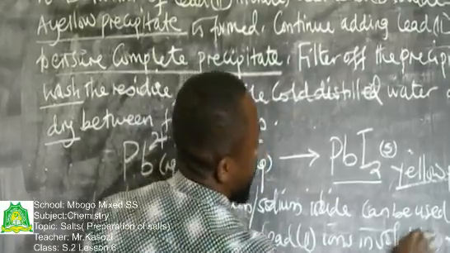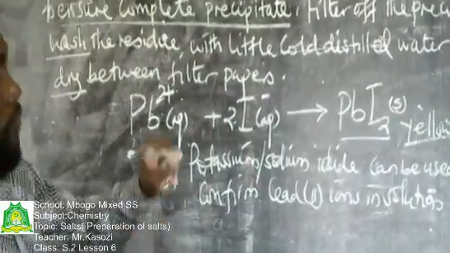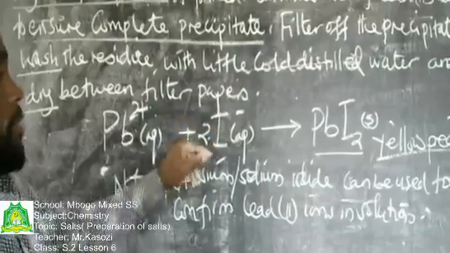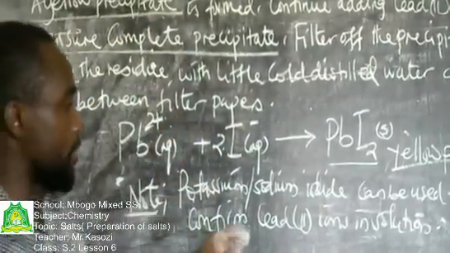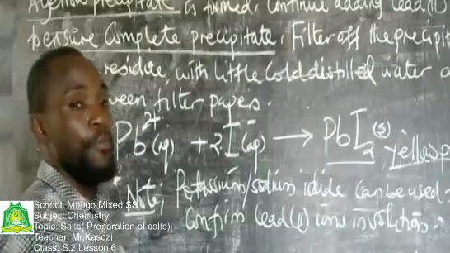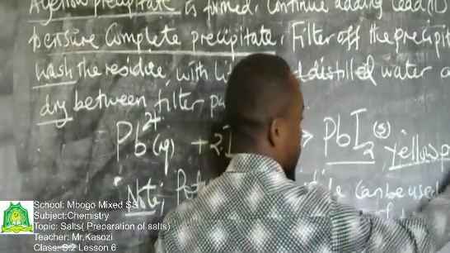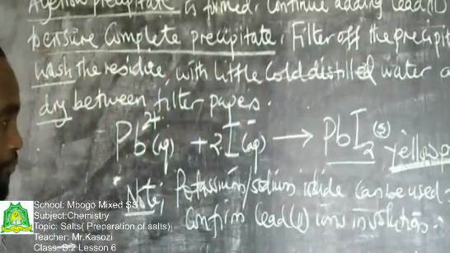We confirm lead 2 ions in solution because, to a solution of lead 2 ions, we add potassium iodide or sodium iodide, and we get a yellow precipitate formed in the reaction.